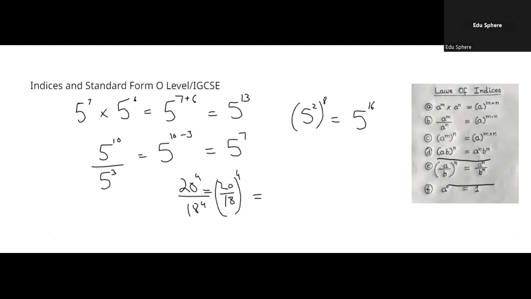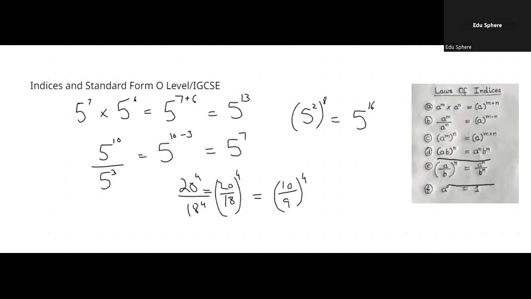Now we are just simply simplifying this 20 and 18. We can divide it with 2. 2 10s are 20, 2 9s are 18, and the power remains 4. So in this way, you can even divide 10 by 9 and the answer can be in the form of decimal power 4 or maybe exactly the same.